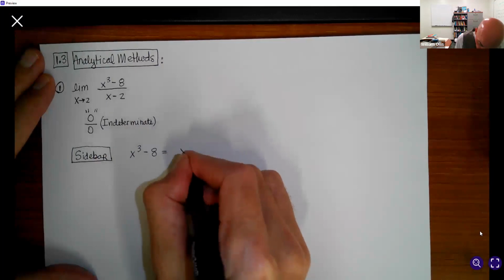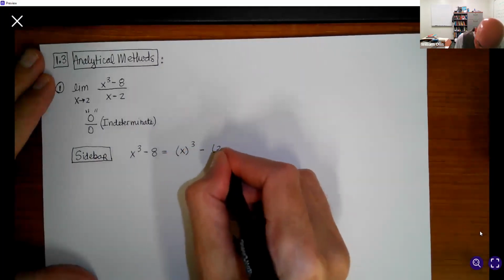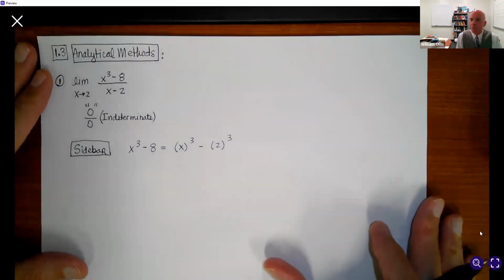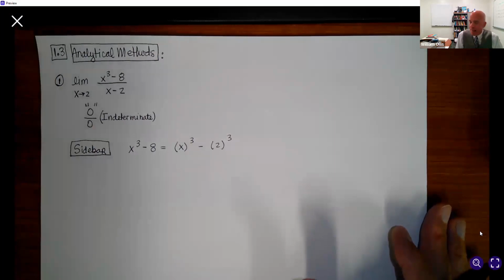If you recall, and let's write it in a more suggestive way, this is a difference of two cubes. This is a formula that you learn in college algebra that is very handy, and it is an identity.